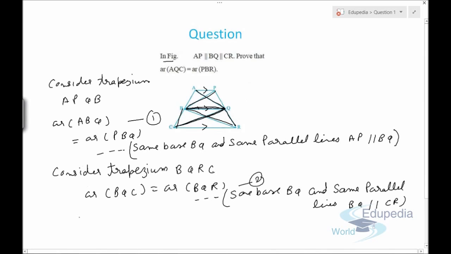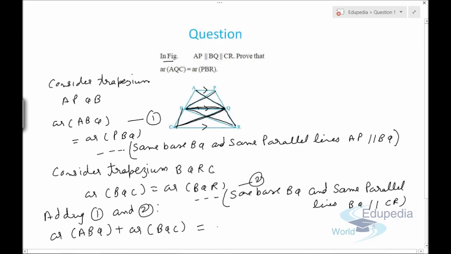Now what we can do is add these two equations. Adding 1 and 2, what we get is area of ABQ plus area of BQC equals area of PBQ plus area of BQR.